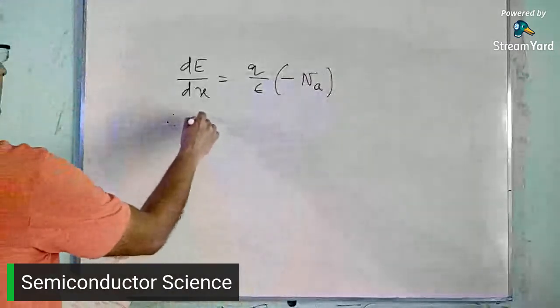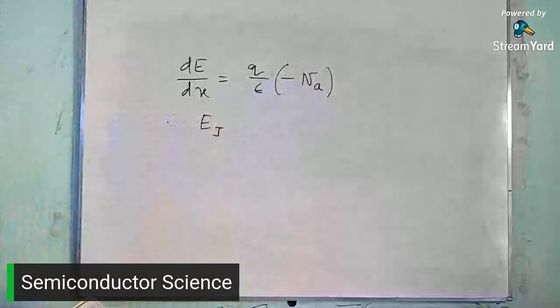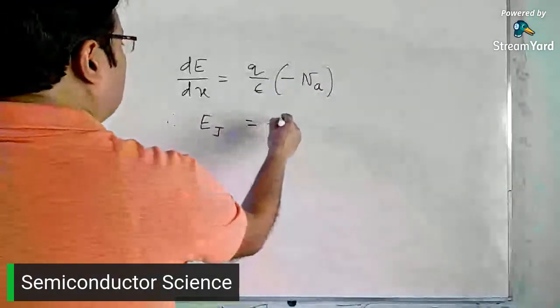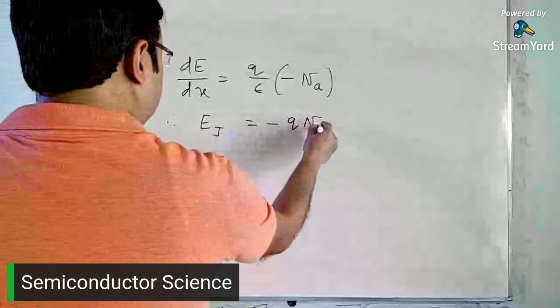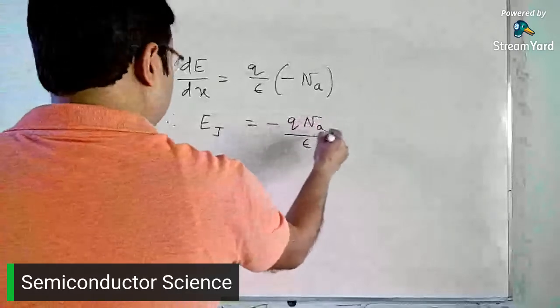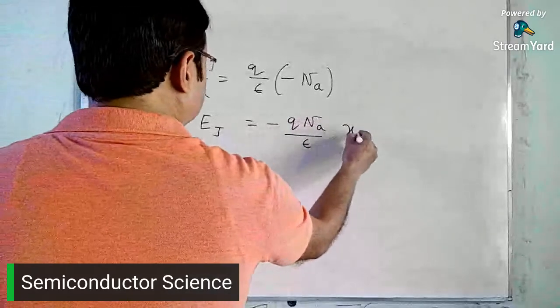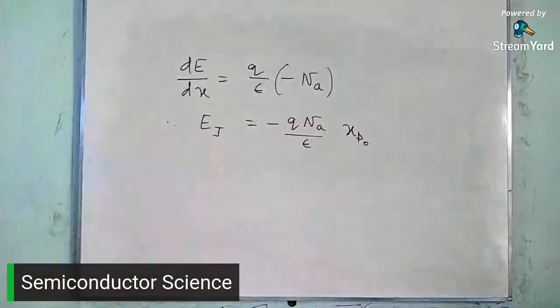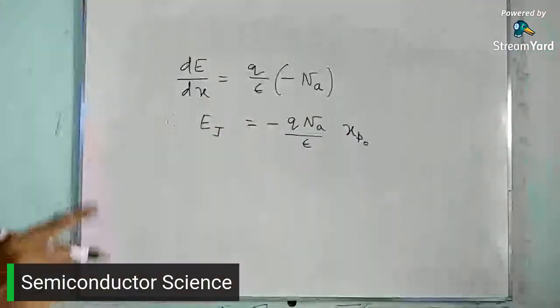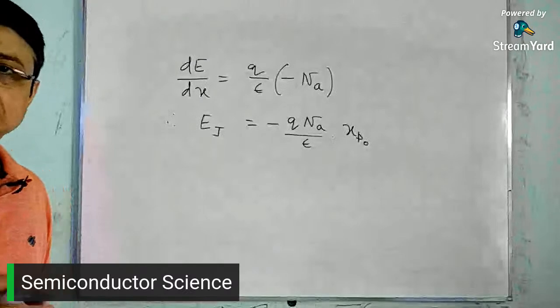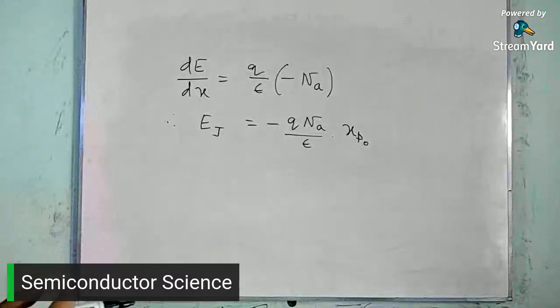Therefore, the electric field at the junction, Ej, must be equal to minus Q Na by epsilon into xp0. So this is the calculation for the p-type side of the depletion layer, where xp0 is the width of the p-type side layer in the transition region.